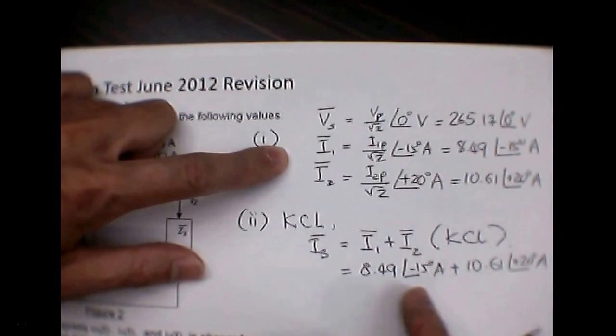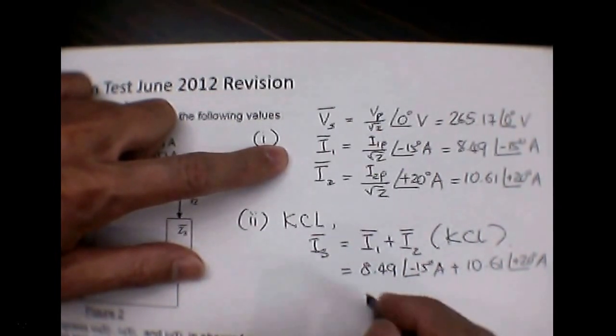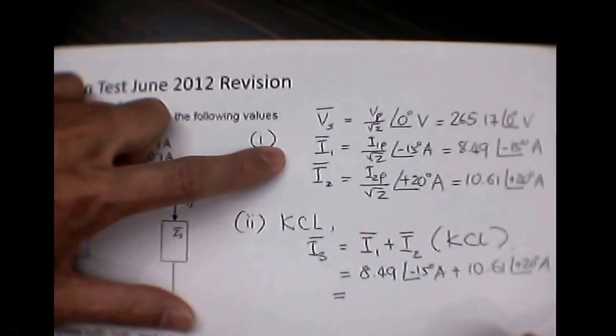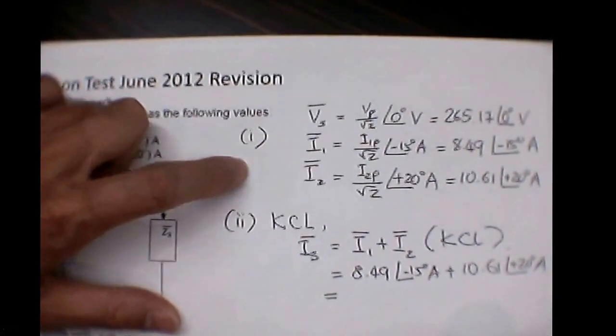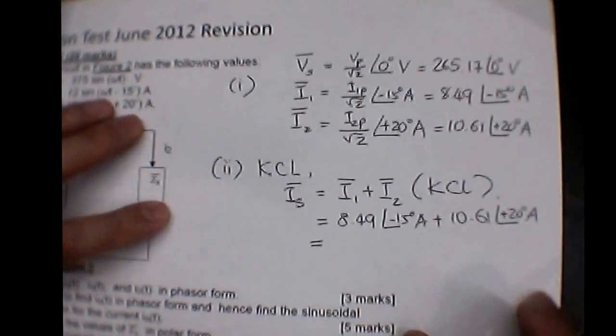Now this is basically a complex number representation, so we convert this to rectangular form to do the addition. That's what we are going to do.